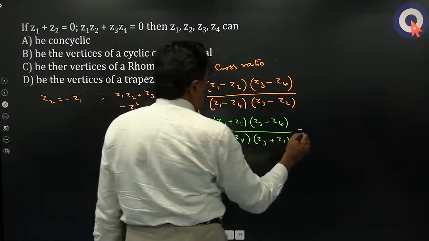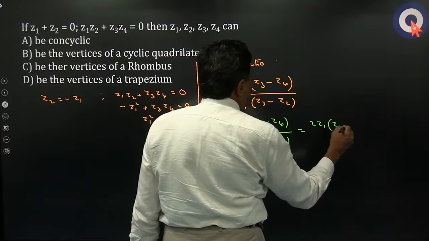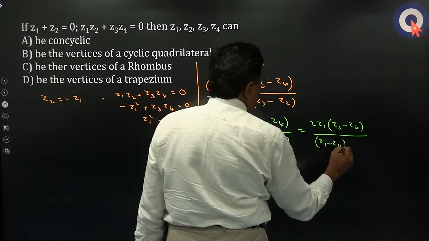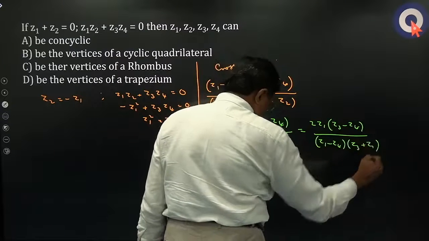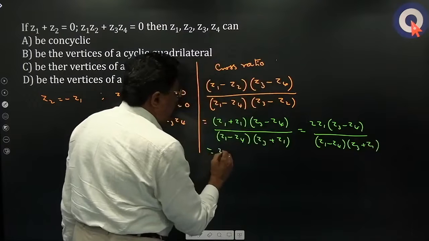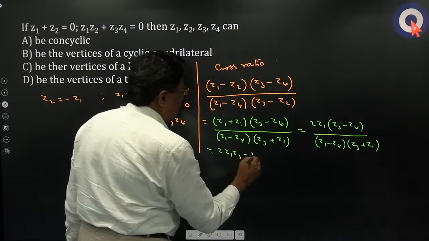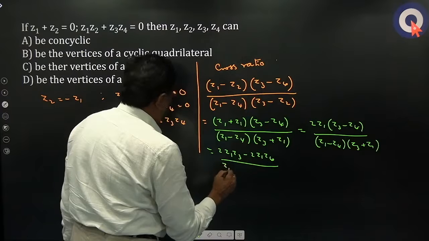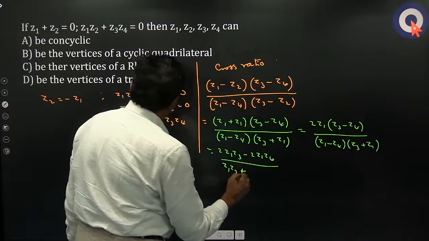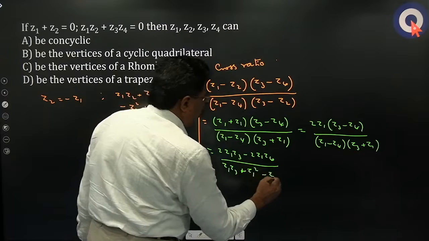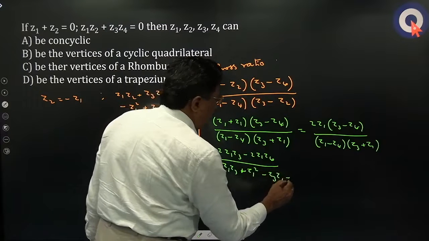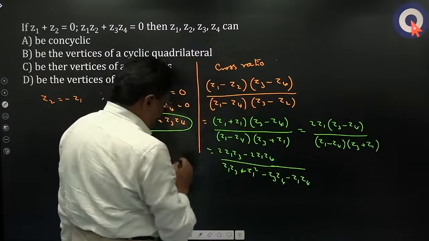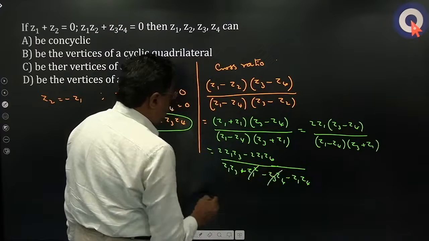So this I will write as 2z1 into z3 minus z4 by z1 minus z4 into z3 plus z1. So this is 2z1 z3 minus 2z1 z4 by z1 z3 plus z1 square minus z3 z4 minus z1 z4. All right. So we have z1 square is equal to z3 z4, they get cancelled.